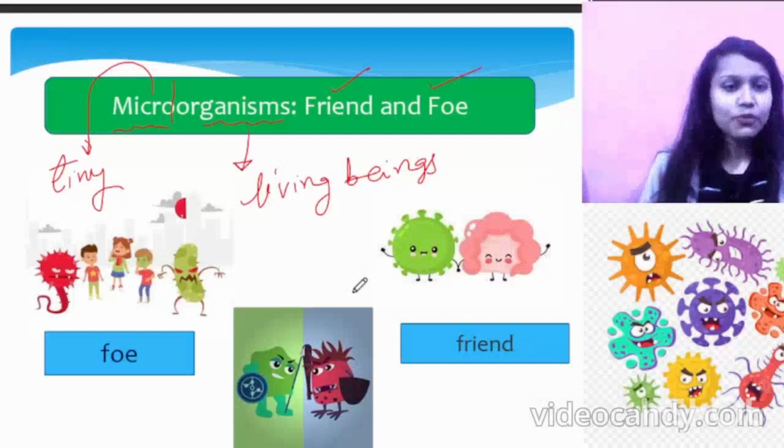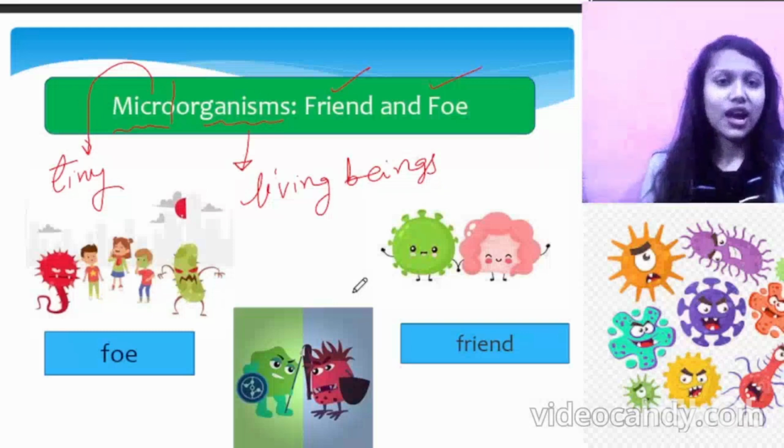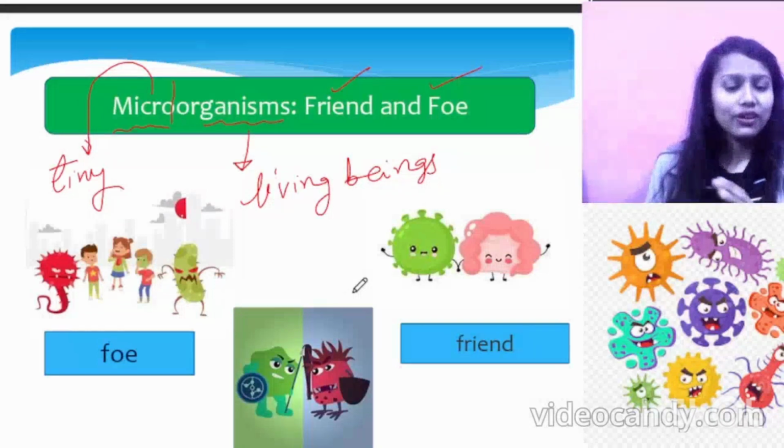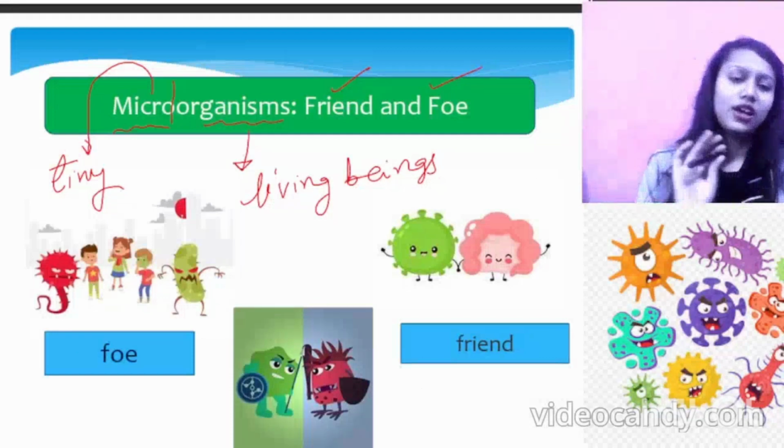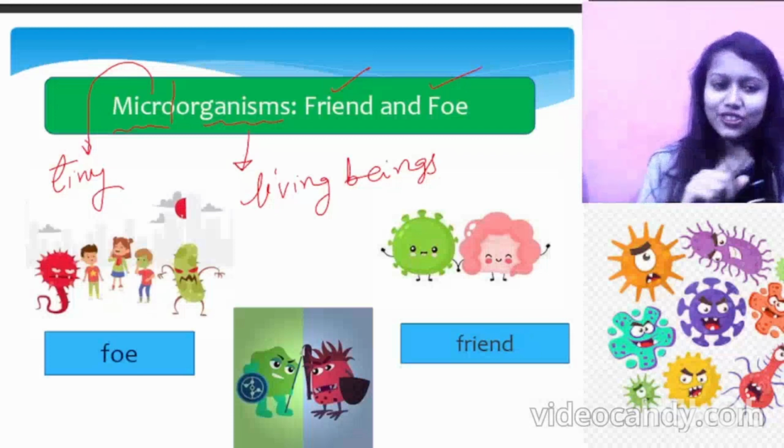In this chapter, we are going to learn how microorganisms behave as friends to us and how at times they are not friends to us, meaning they are harmful for us. So foe versus friend, how microorganisms are useful to us and how certain microorganisms are harmful to us. That is very important to learn in this chapter.